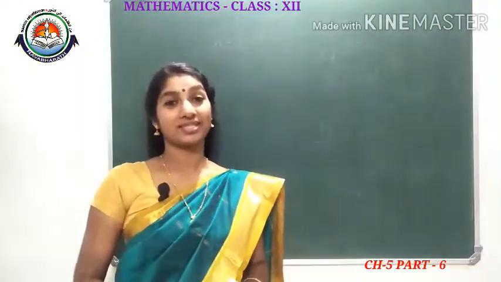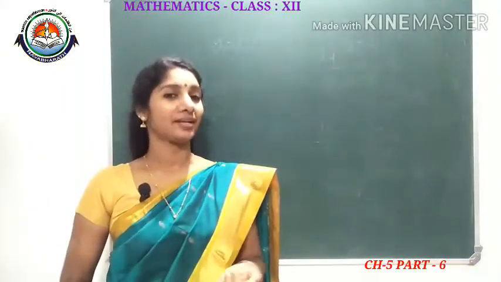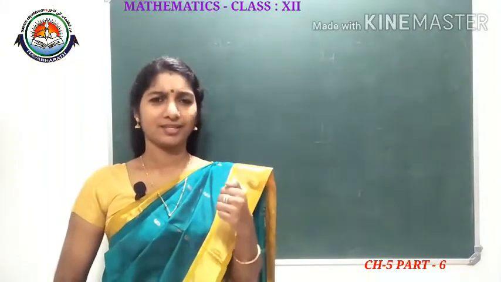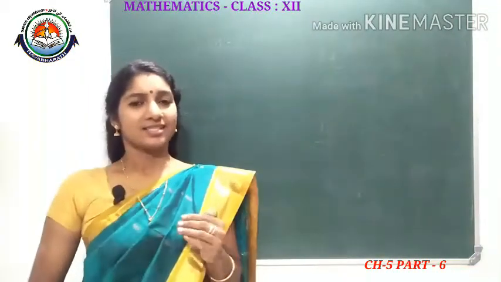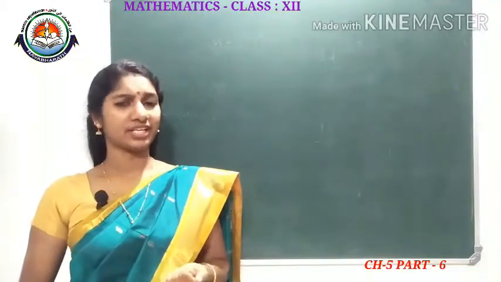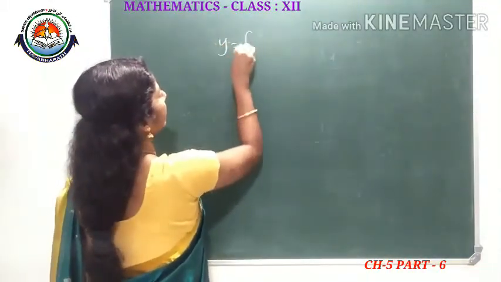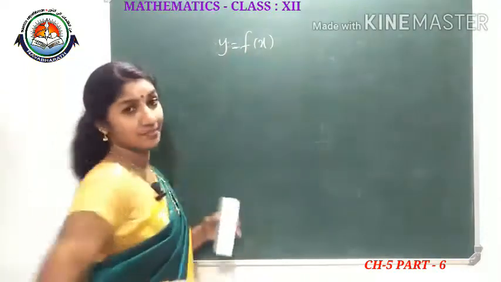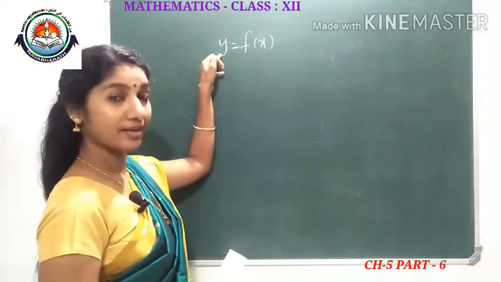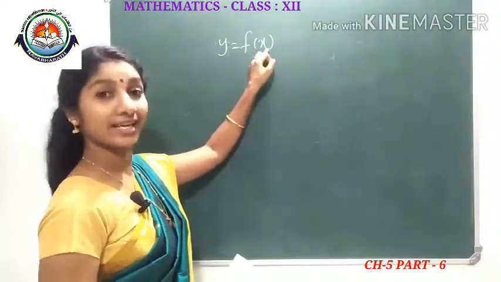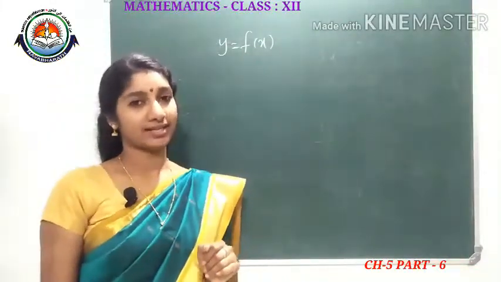Today we are going to discuss derivatives of parametric forms. So you must know what parametric form is. Normally we get the function in the form y equal to f of x, where y is the dependent variable and x is the independent variable, and we get one connection between y and x.